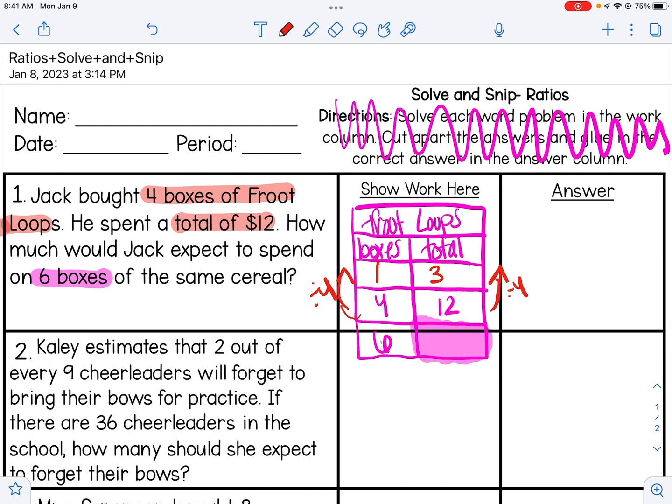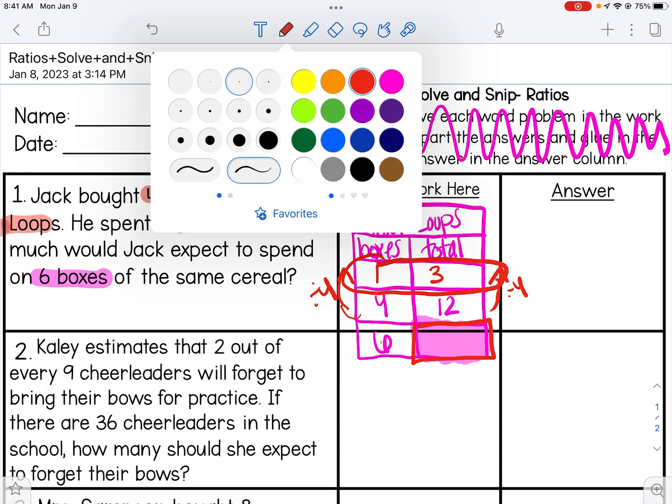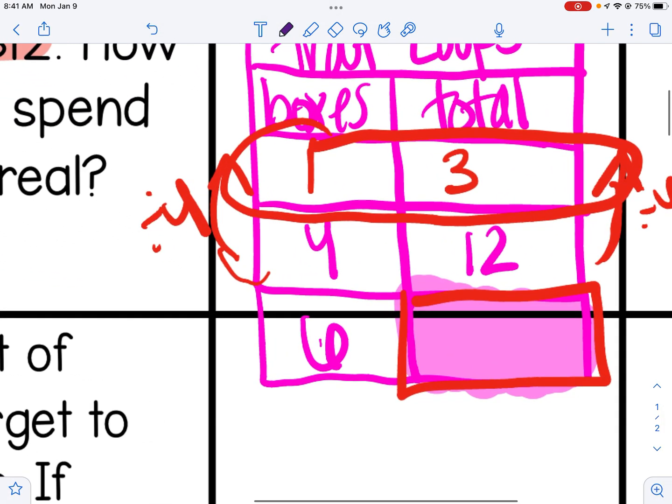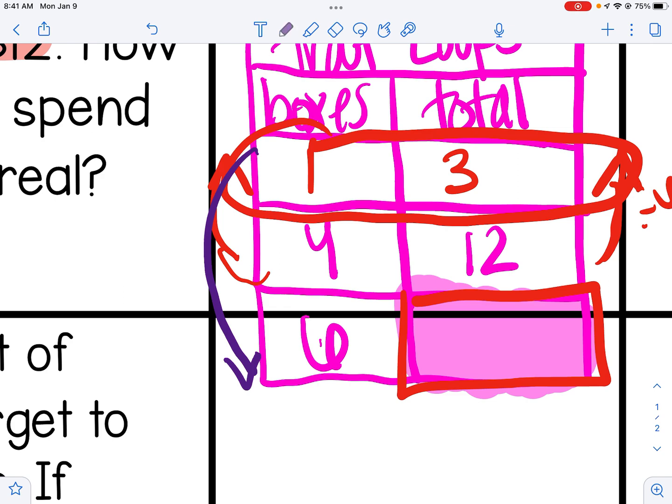Now I'm going to use this ratio, 1:3, to help me get this missing number here. I'm going to ask myself, how did they go from 1 to 6? What did they multiply by? I know to go from 1 to 6, they have to multiply by 6. I'm going to put times 6 on that side.